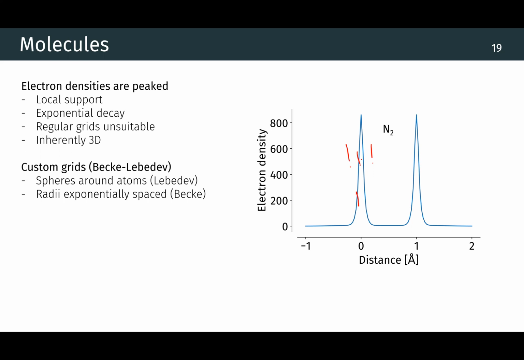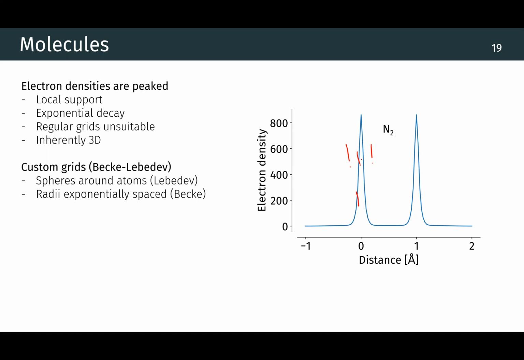And what people quickly have realized is that for any reliable numbers, you'd like to have special integration grids. And one approach that is fairly popular in this context is to put spheres around every atom.